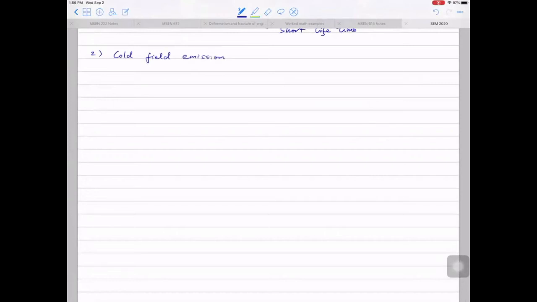In this case, you don't get a hairpin-shaped filament. Instead, you get a really pointy filament. Usually the gun looks like that, and if you look at the apex of the tip, the radius R is usually tens of nanometers.